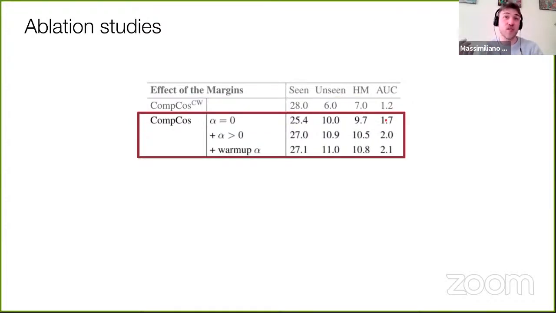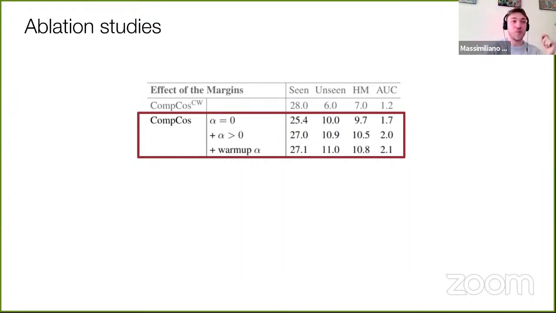Including the feasibility score allows us to get even better results, going to 2.0. And we also added a warm up because at the beginning the embeddings are not well fine-tuned enough for this scenario.